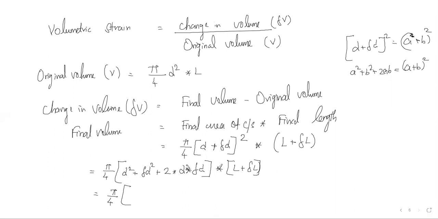Now these terms are multiplied with L and then multiplied with del L. So d squared L plus del d squared L plus 2 d del d L plus d squared del L plus del d squared del L plus 2 into d into del d into del L. Now I have to remove some terms, which are change in diameter and change in length.